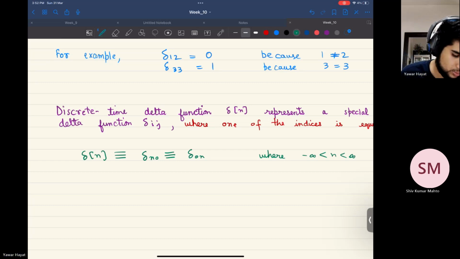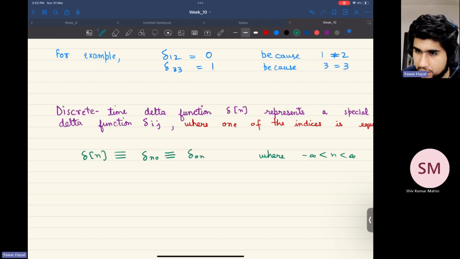Okay, now what about this particular equivalence for a general discrete time delta function? By general discrete time delta function, I mean del of n minus k. It's not necessary that the discrete time delta function would be at n equals zero.